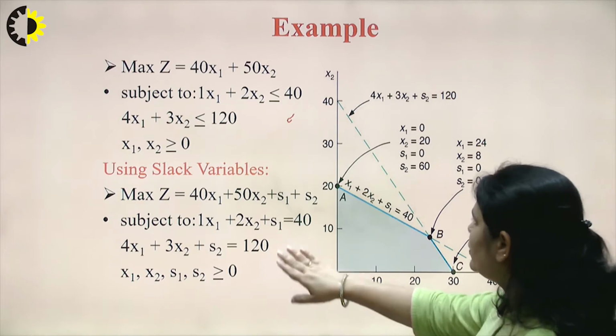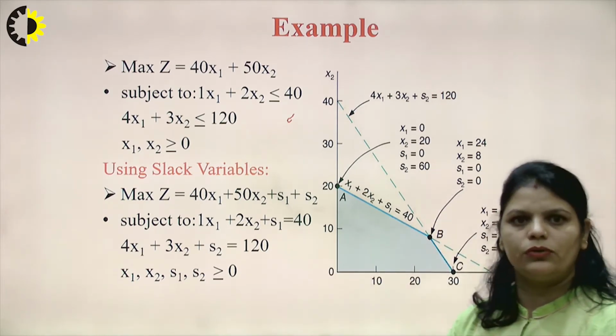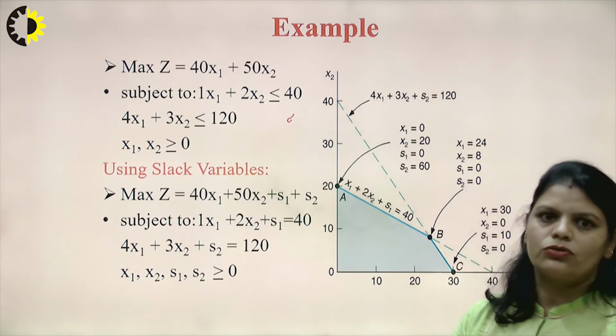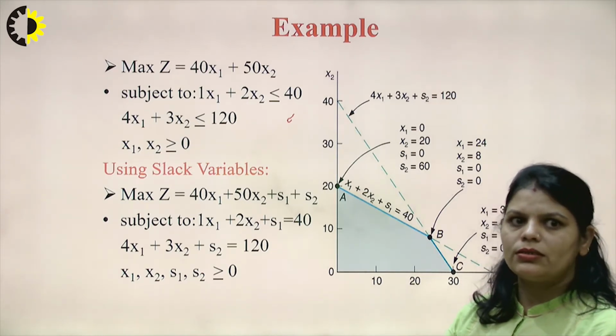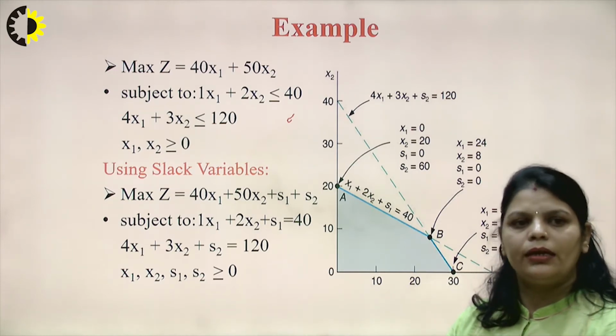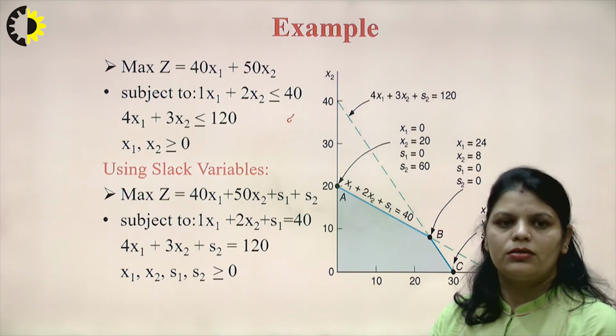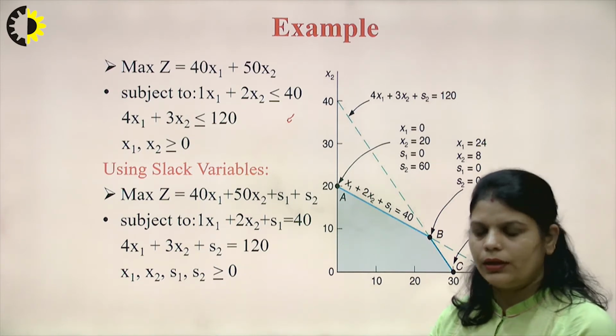So after solving this, we will get x1 is equal to 24 and x2 is equal to 8. Okay, so in this way we can find out the intersecting point. So this is about the slack variables, when we are adding some variables in the constraints to convert them into the equation. Clear?